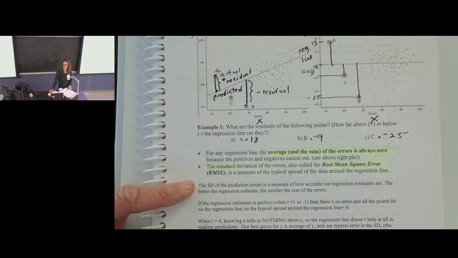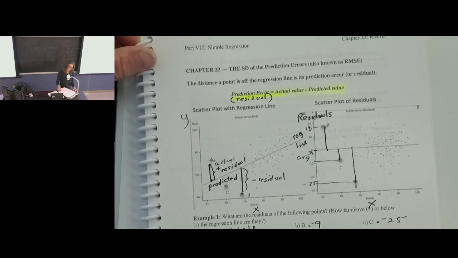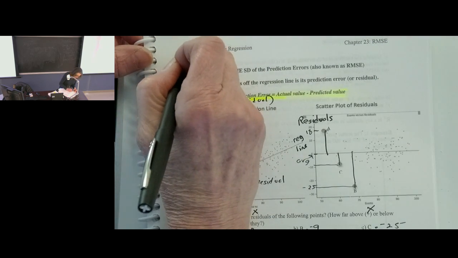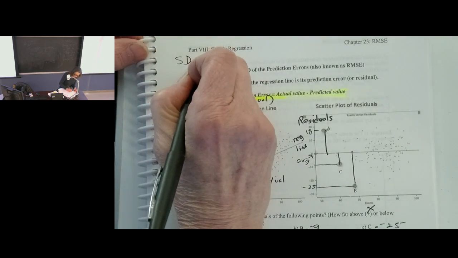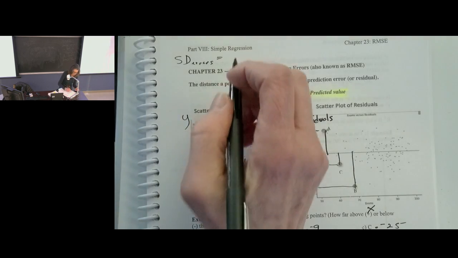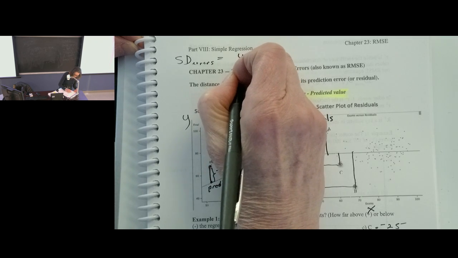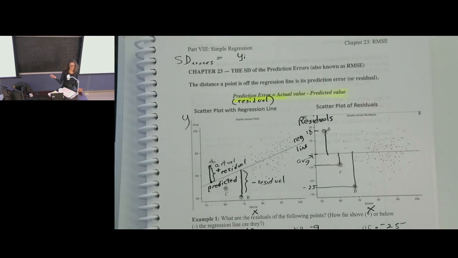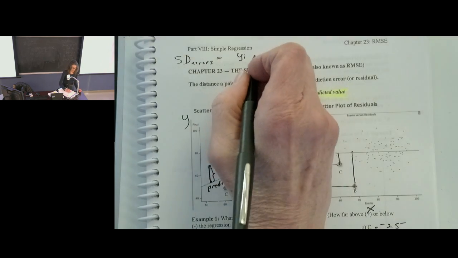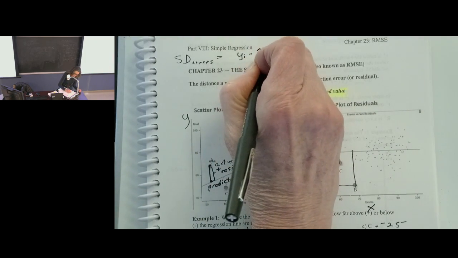Remember how you figure out the standard deviation? We can write it up here. For the standard deviation of the errors, you first take the deviations, in this case all the errors. So for each y, let's say there's n of them, we subtract off its prediction.